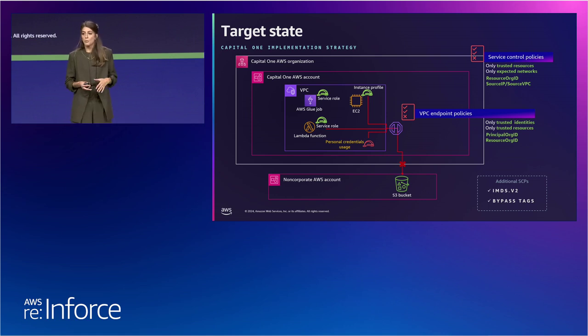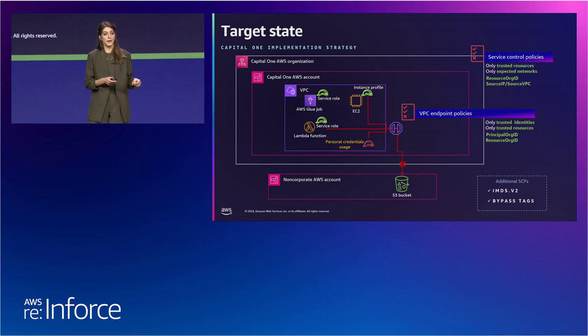There were also a couple additional things that we wanted in our target state data perimeter. And one of them was an SCP that enforced IMDSv2. For those of you that don't know, IMDSv2 requires a token to access the metadata service to retrieve credentials. And although that doesn't make token theft impossible, it does raise the bar for an attacker.